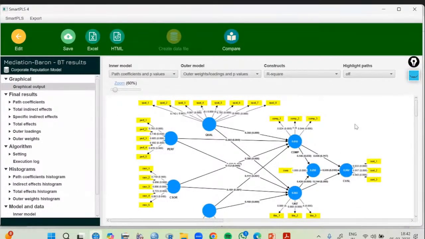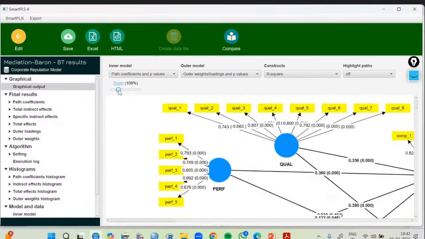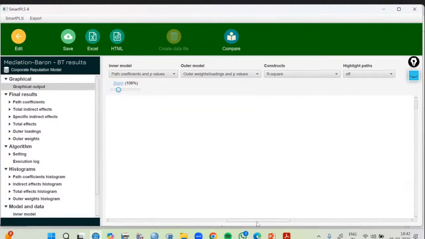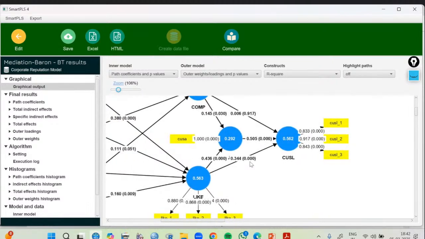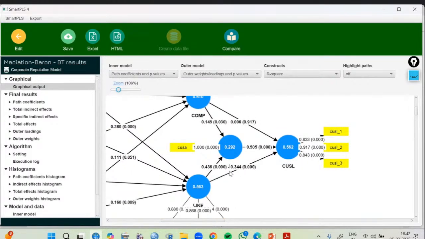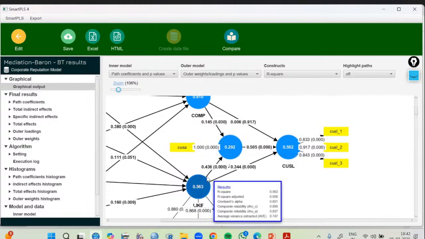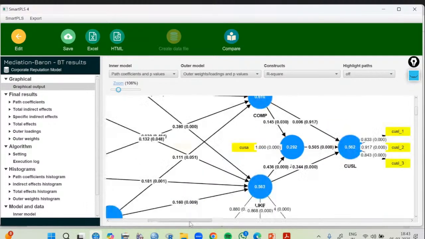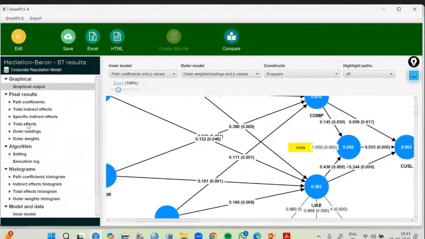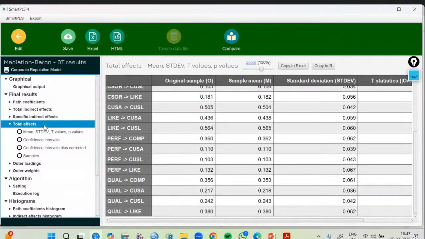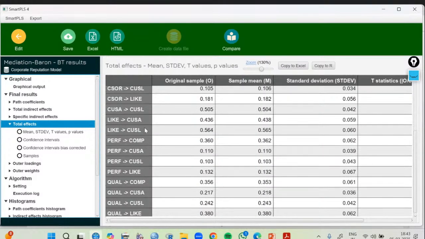Yes, see this, now you can see the picture. This is our direct effect, 0.344, and the total effect is this. The indirect effect will not be shown like this. So the final results: total effect, likability and customer loyalty.